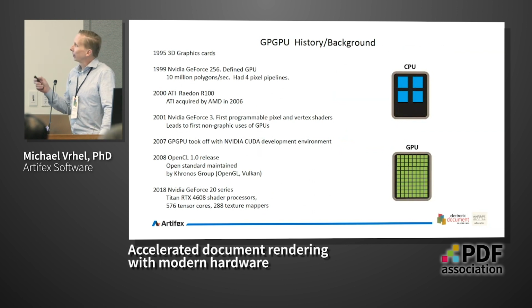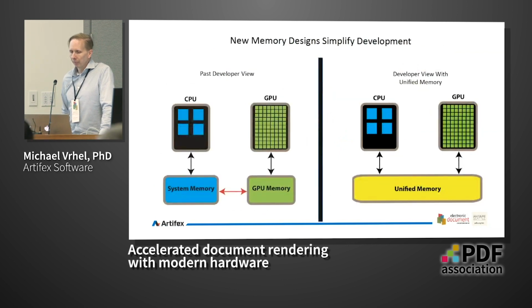Now, not to be outdone, Intel today will pack a GPU into the CPU as well. They would like to compete with NVIDIA, but generally that GPU doesn't quite have the power of a dedicated GPU card.